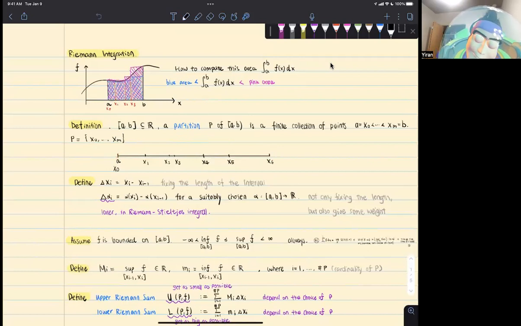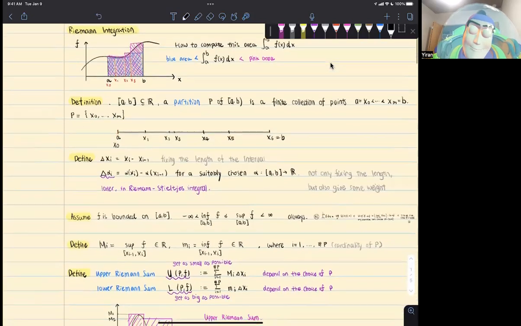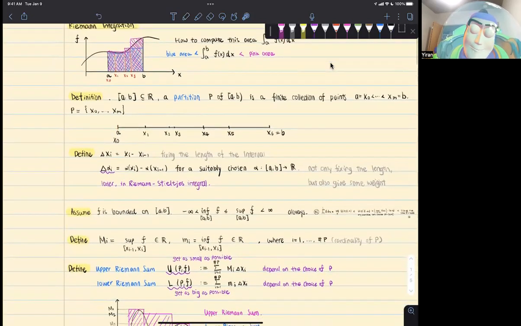There's nothing complicated about a partition. You just need to remember, given an interval [a, b], how are you going to cut it into different pieces? Each joint is an element in your set of partition, and you have to include the beginning, which is a, and the tail, which is b.